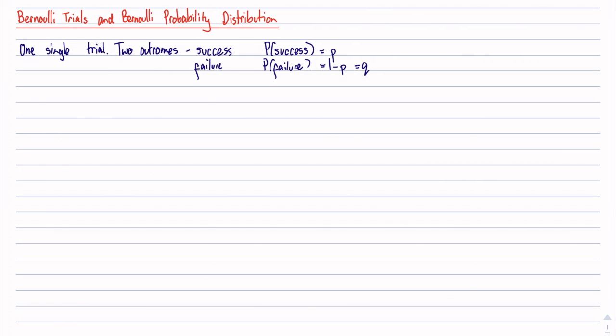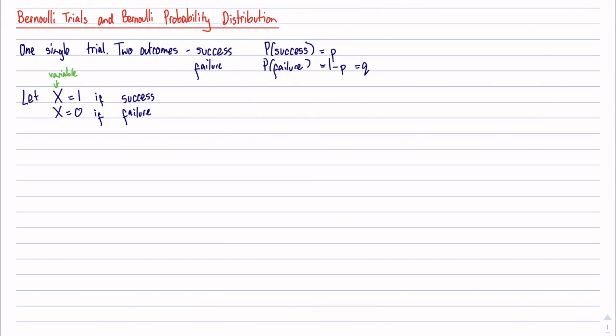So what we do is we say, let this variable called X, just a generic variable, don't stress, don't get too caught up on that, equal 1 if success, and X equals 0 if we have a failure.